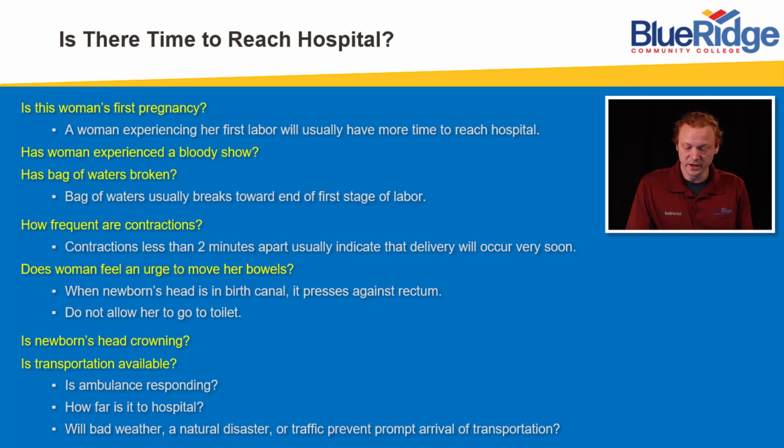When a newborn's head is in the birth canal, it presses against the rectum, and the woman may feel the urge to have a bowel movement. Do not allow her to go to the toilet. This urge is an indication of imminent birth. And then, is the newborn's head crowning? Crowning indicates that the newborn will be born in the next few minutes, and at this point, transport is no longer on the table as an option.